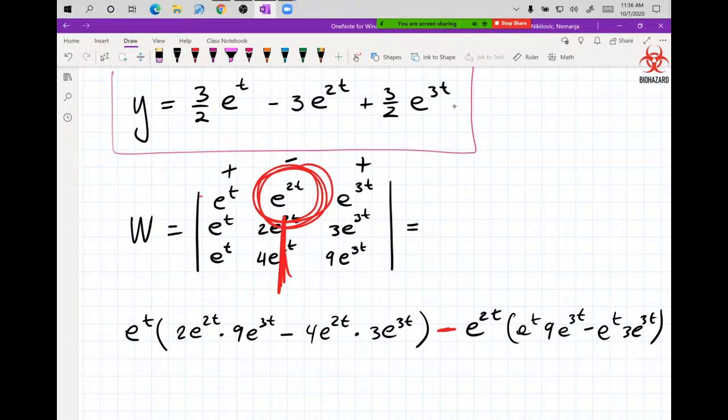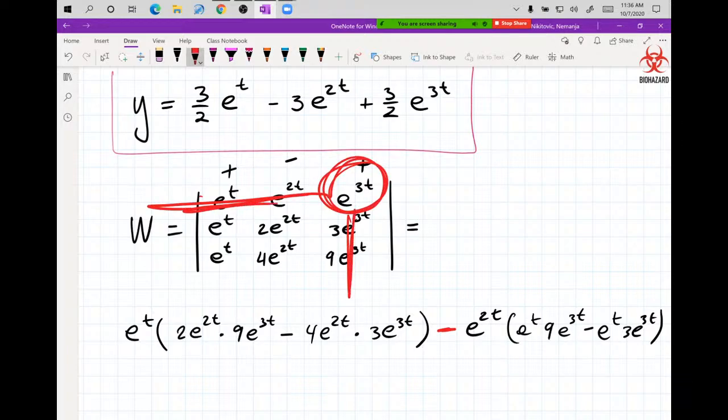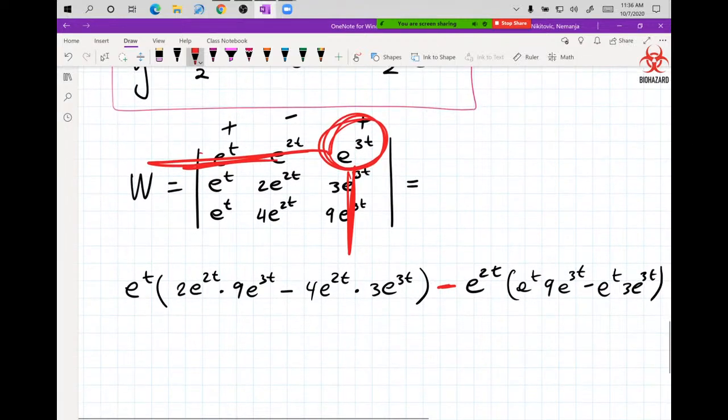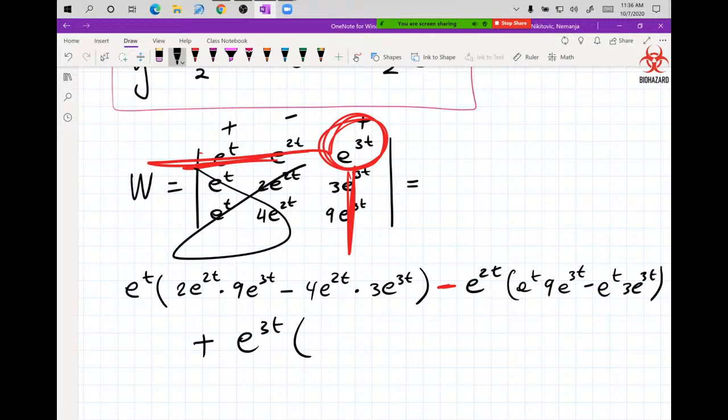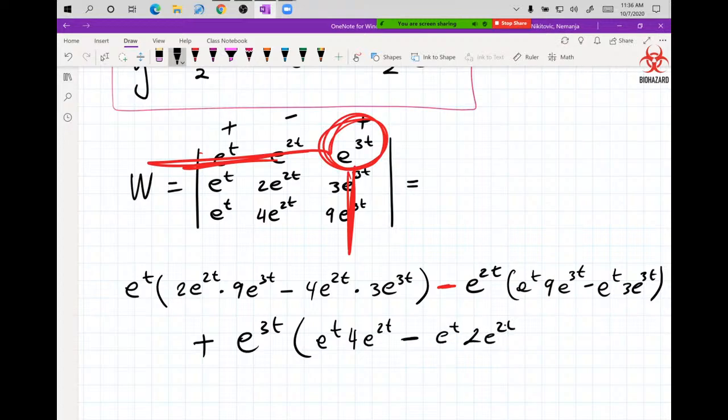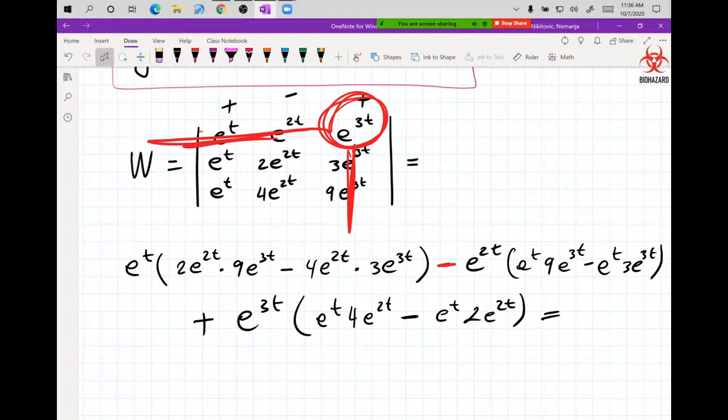And now you pick the third one. The third one is positive. Again, it deletes a row and a column. So the 4 that are left, plus e to the 3t, and then you have again the same thing. So e to the t times 4e to the 2t minus e to the t times 2e to the 2t. And you just go through this algebra and you're done.